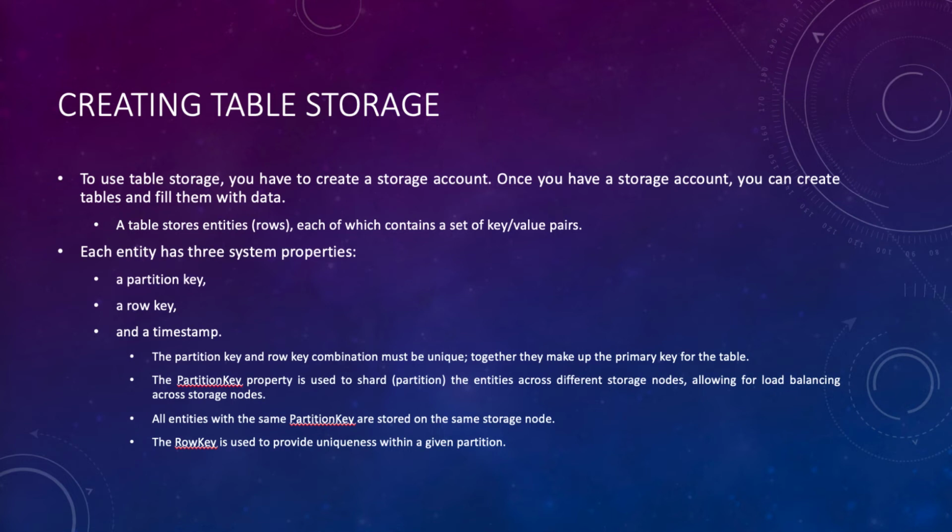To get the best performance, you should give a lot of thought to the partition key and row key and how you need to retrieve the data. You don't want all of your data to be in the same partition, nor do you want each entity to be in its own partition. So you need to come up with a combination of what is best for the situation that you are looking at at that specific moment.